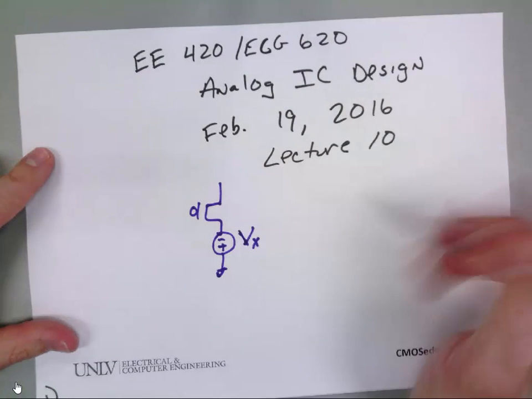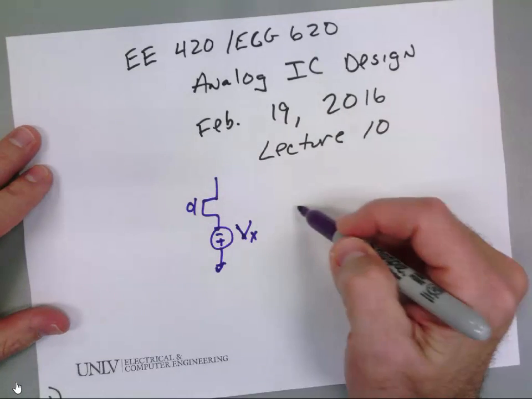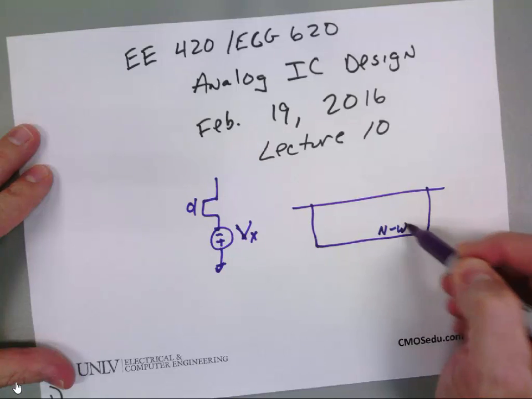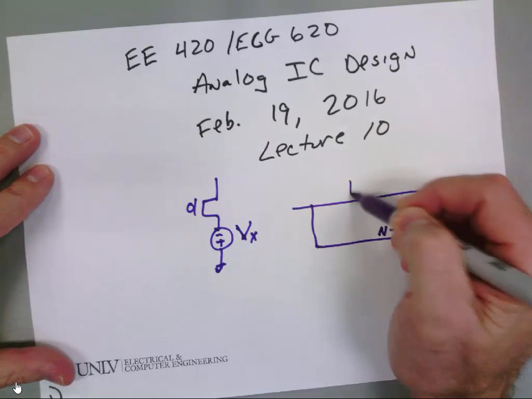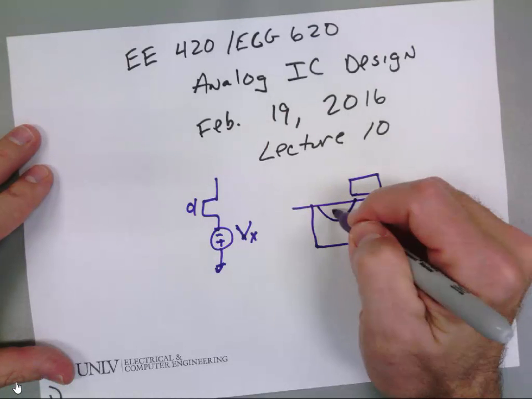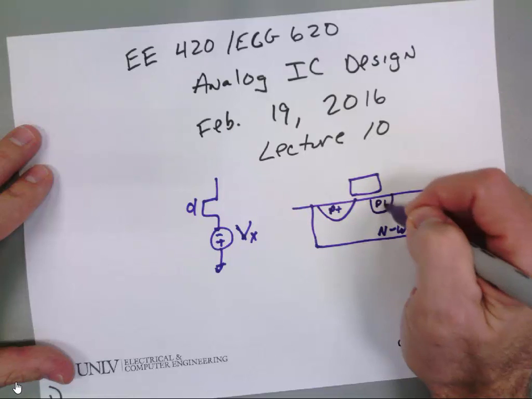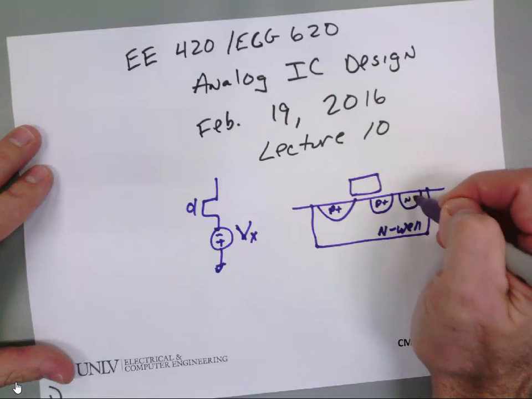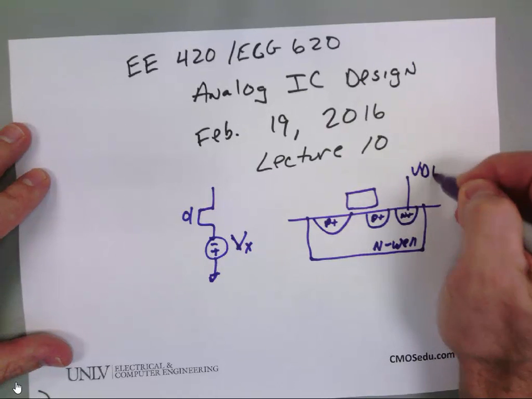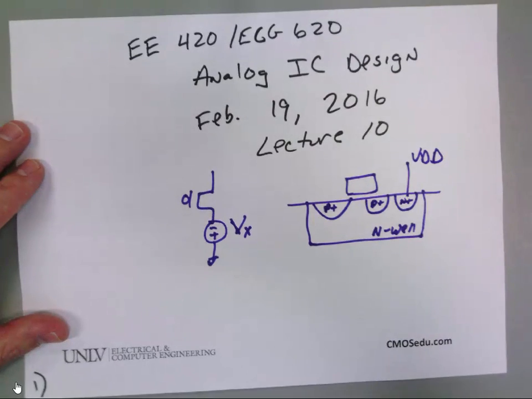So let's sketch the cross-sectional view of the MOSFET. So it looks like this. So this is P plus, and then this is the body connection, which is N plus, and in that circuit I think it was going to VDD. Looking good.